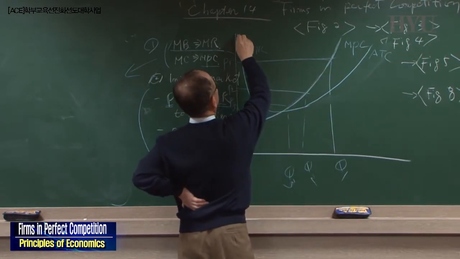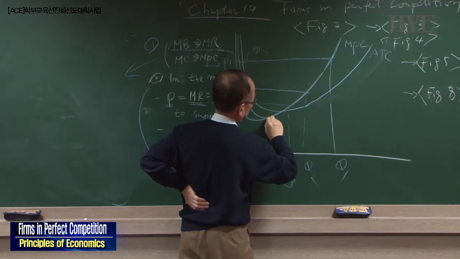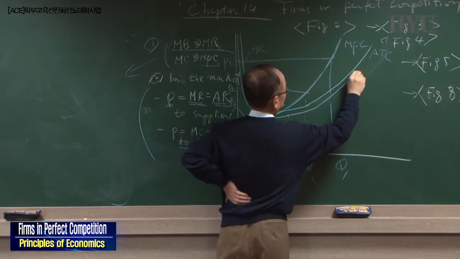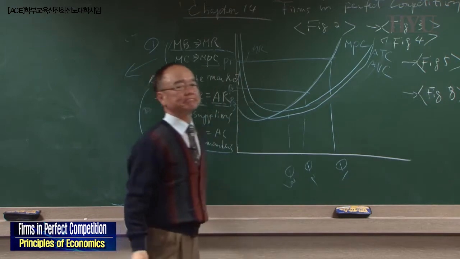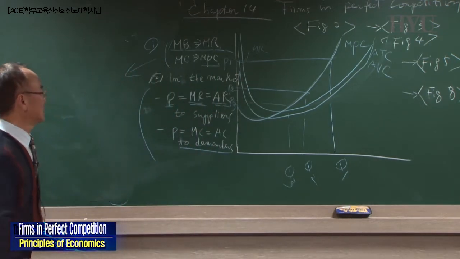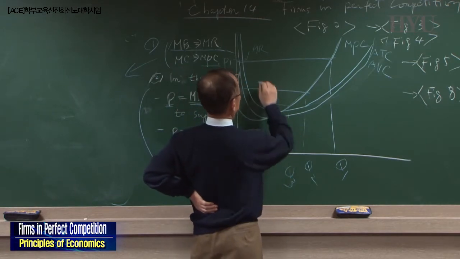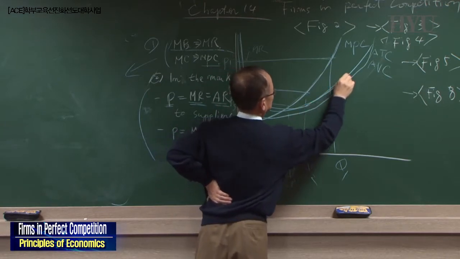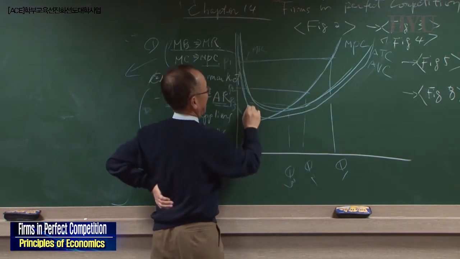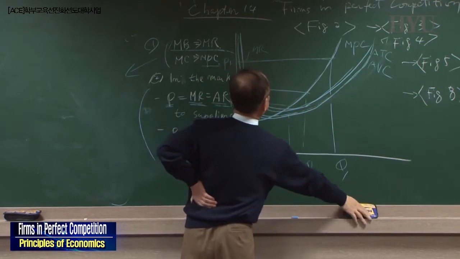Then another one is average variable cost. I know you should be comfortable with this one. Two of them approach here. Then let's come back to this equation. One more time, this is average total cost, and this is average variable cost.